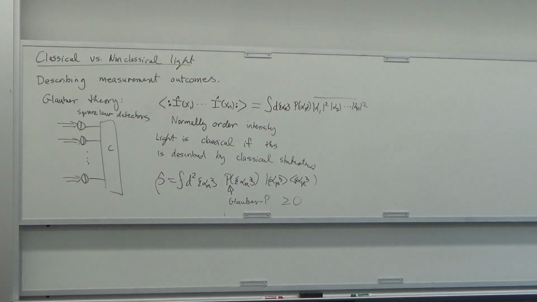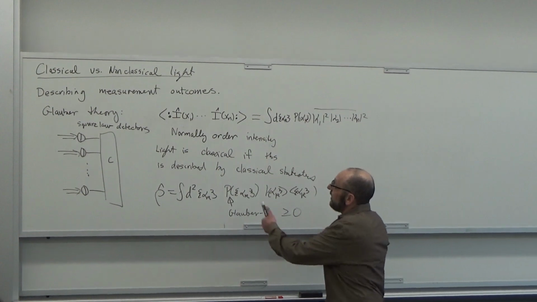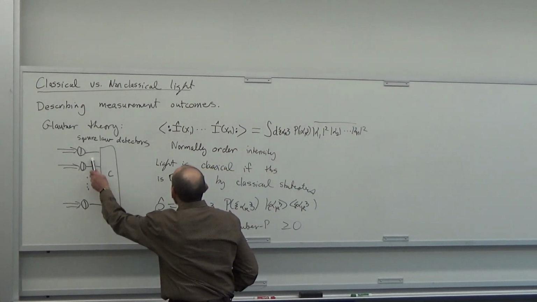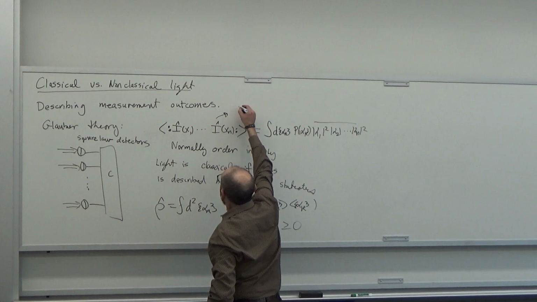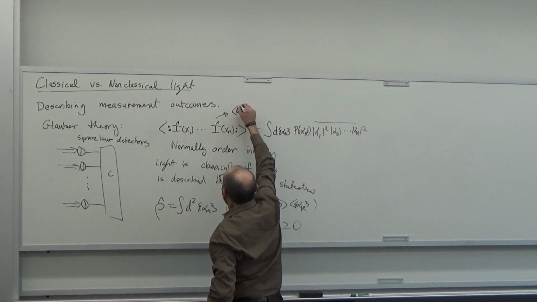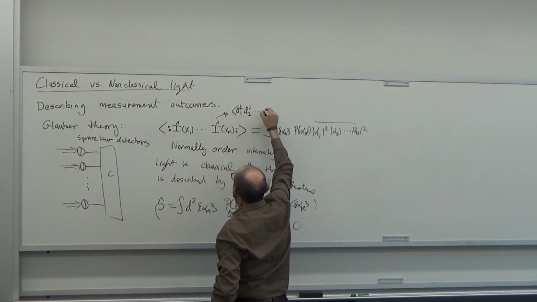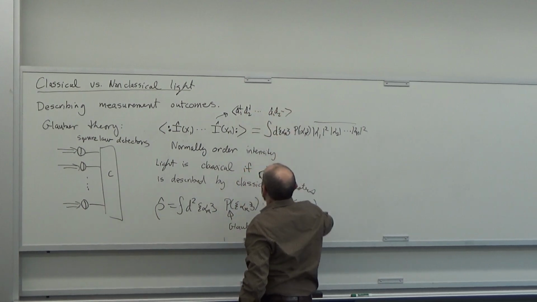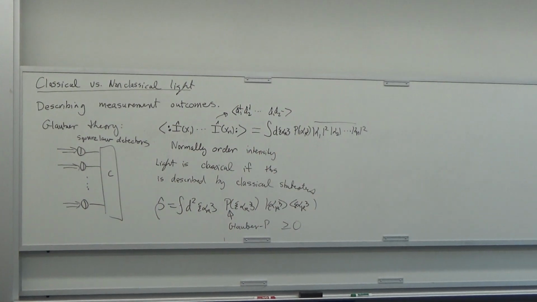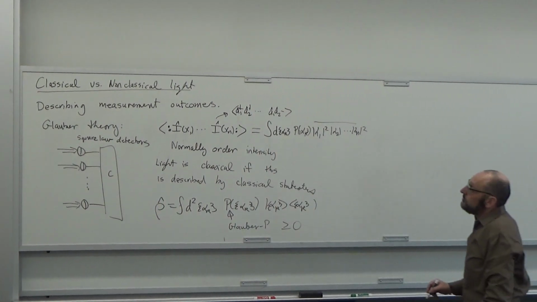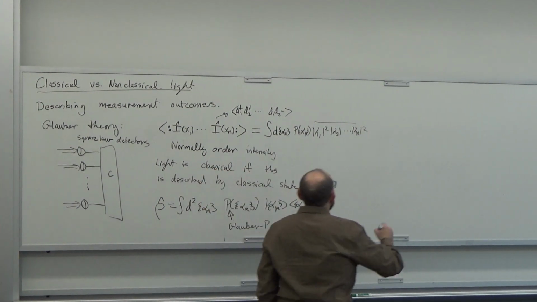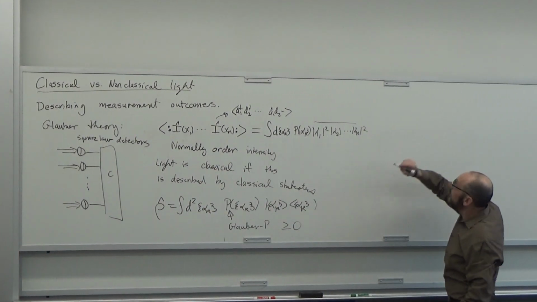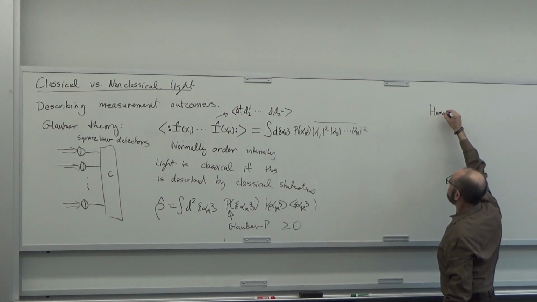Right? However, this is not the only measurement that we can do. This measurement involved these direct photon detections, which was related to these normally ordered products, things like A1 dagger, A2 dagger, dot, dot, dot, A1, A2, dot, dot, dot. That's what those were, normally ordered products. But suppose instead of directly measuring, let's do homodyne detection.